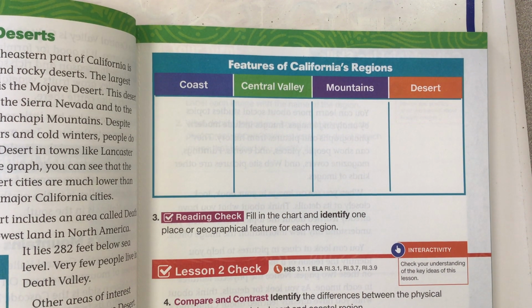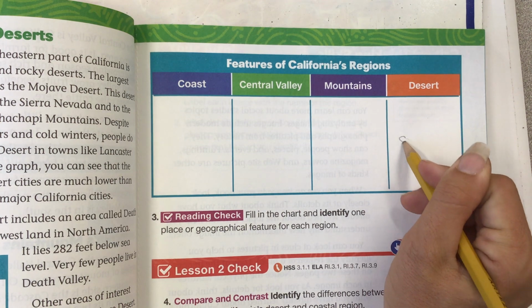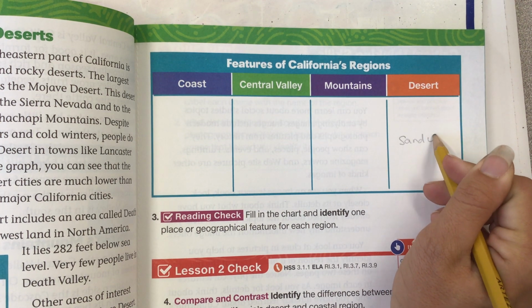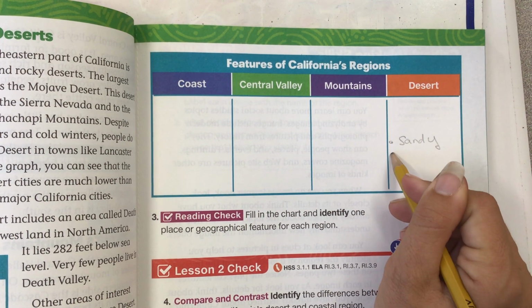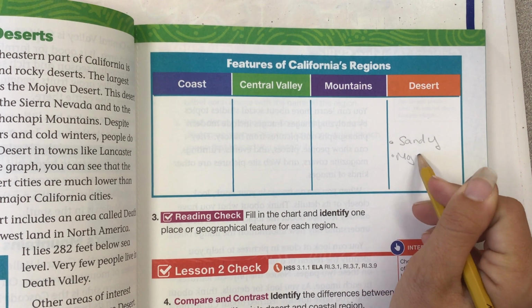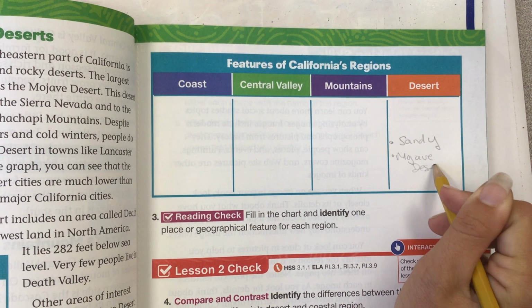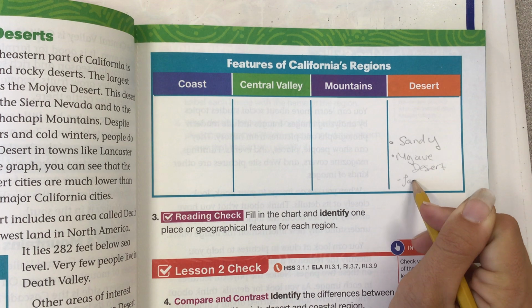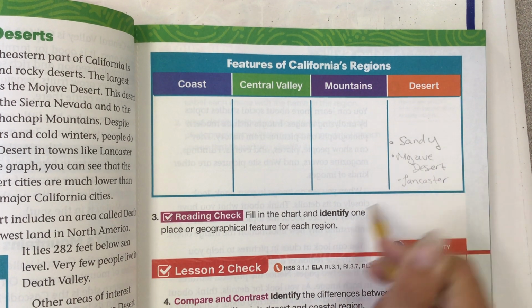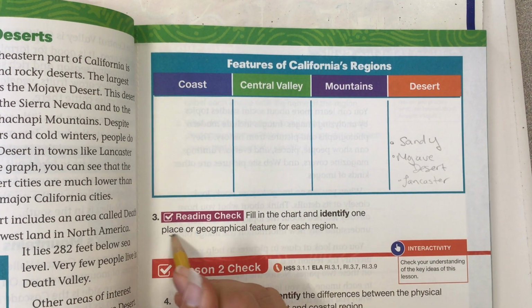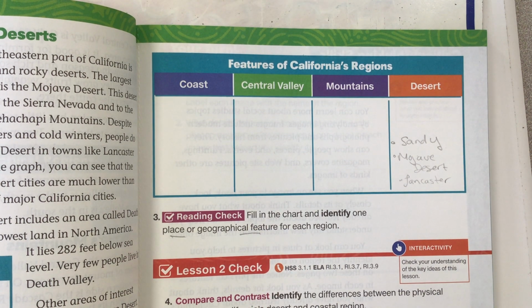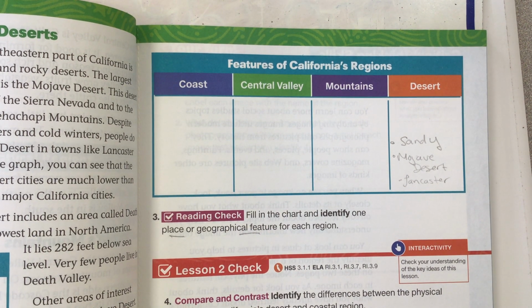The deserts in California are covered in sand. So I might put sandy, and I also might say that there is a Mojave Desert, or you might have wanted to put Lancaster, because it says you can identify one place or a geographical feature. I just showed you both.